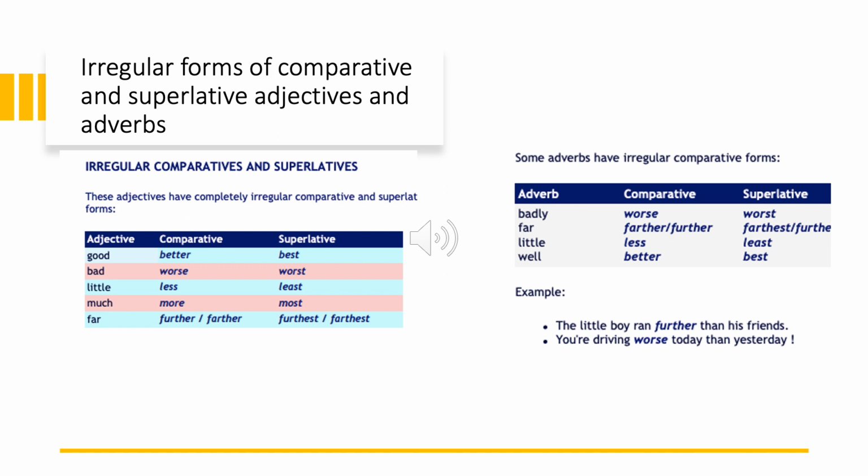So, good has better as its comparative degree and best as the superlative degree. So, in the next section, we will be concentrating on some examples and exercises in order to enable you to understand the degrees of comparison better.